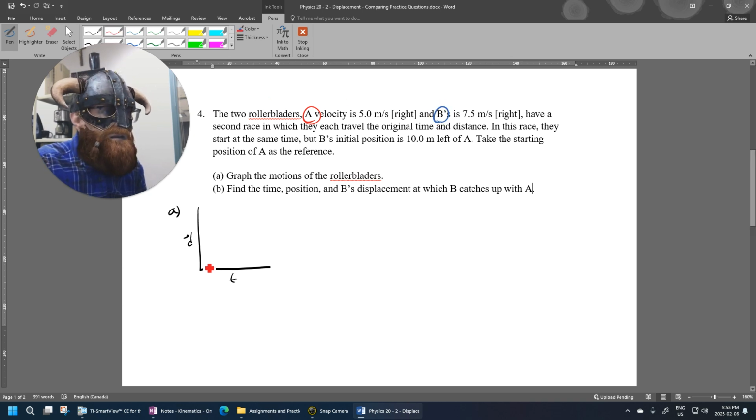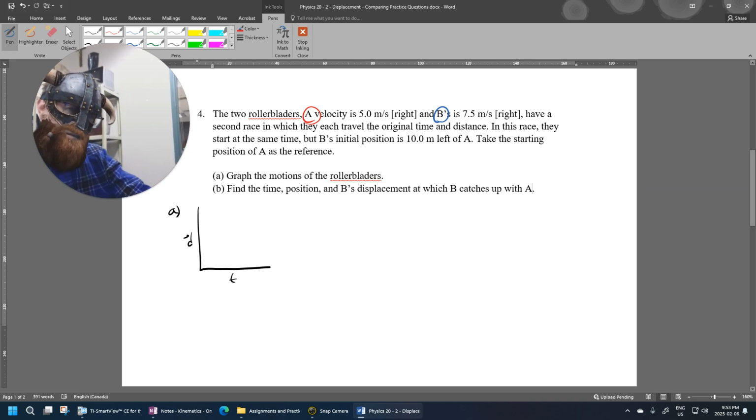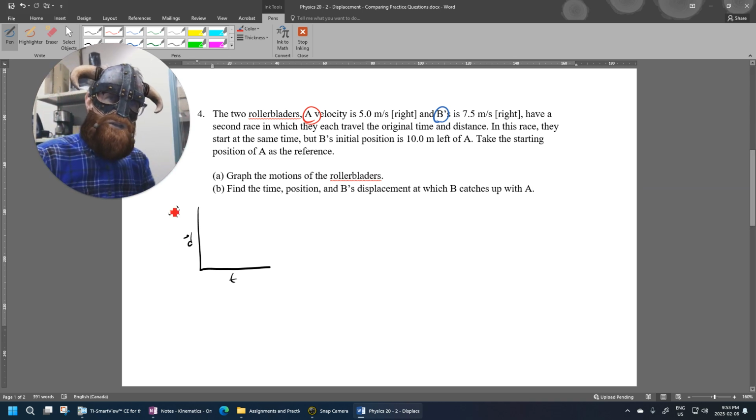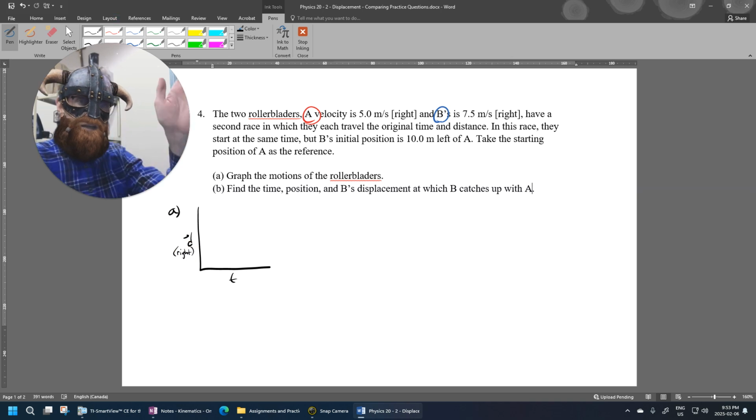They start at the same time in the same direction, but B starts 10 meters to the left of A. They're both moving right. So right is positive. So that's that way.